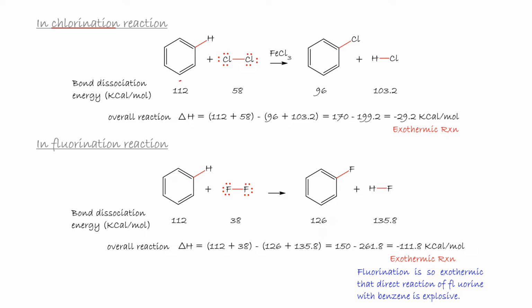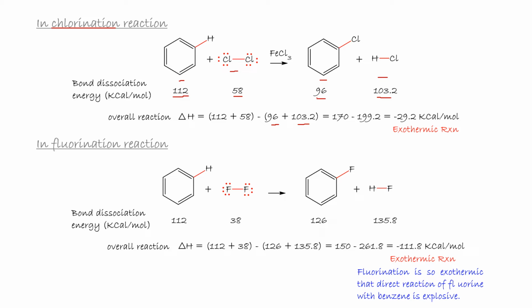For the chlorination reaction, benzene plus chlorine with iron(III) chloride forms chlorobenzene plus HCl. The bond dissociation energies of the starting material are 112 for the C–H bond and 58 for the Cl–Cl bond. For the products, 96 for the C–Cl bond and 103.2 for HCl.